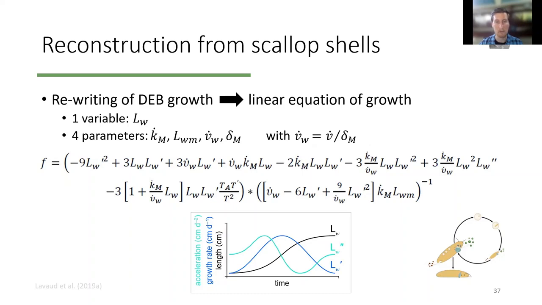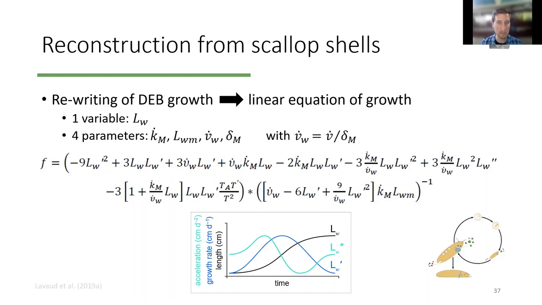This work originates from an attempt to simplify how we model growth in DEB theory, trying to reduce the number of parameters and being able to compare patterns in growth among organisms more easily.